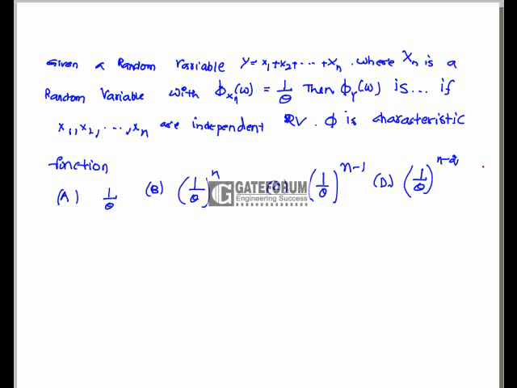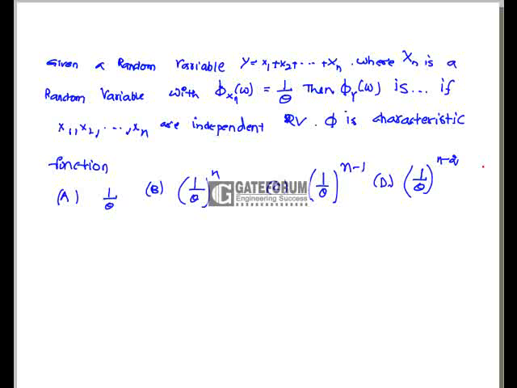A random variable y equals the summation of identically independent random variables, and each random variable's characteristic function is 1 by theta. Then phi y of omega is, here y is the summation of IID random variables.